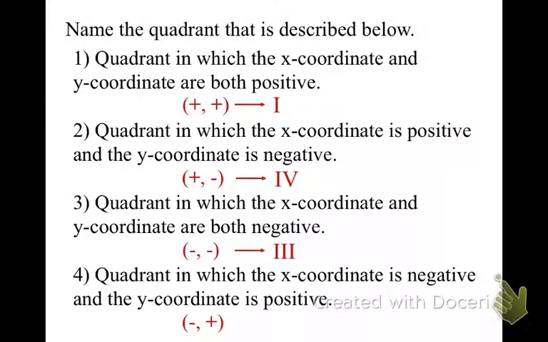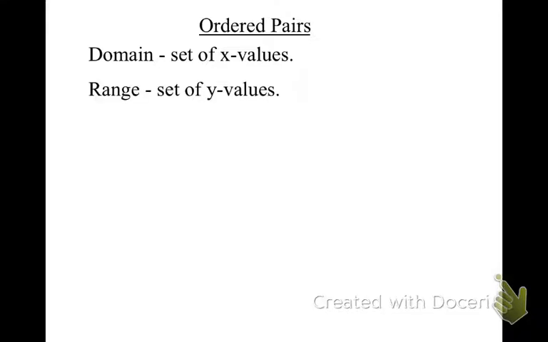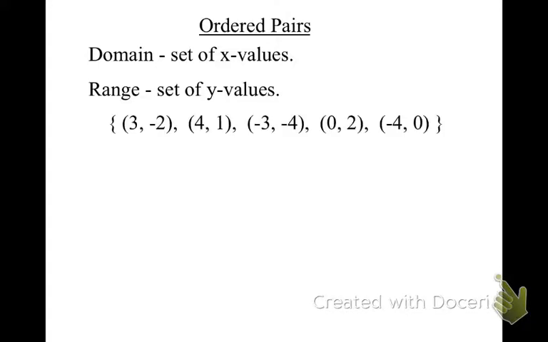If you'd like to, you can pause the recording and write these notes. All right, so given ordered pairs, the x part, the across values, are called our domain, and the y values are called our range. If I were to state my domain, I'd be talking about all the x's: 3, 4, -3, 0, -4.